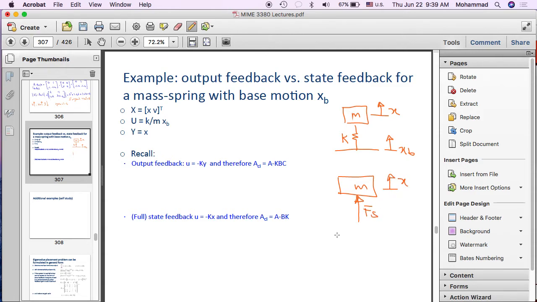So the differential equation therefore becomes mx double dot is equal to force of spring, which is equal to k times x of base minus x. So you can rewrite this equation as mx double dot plus kx is equal to k times xb.